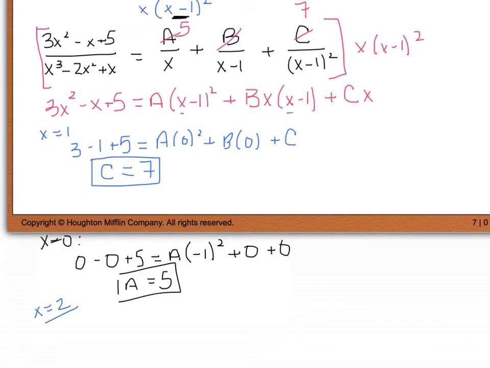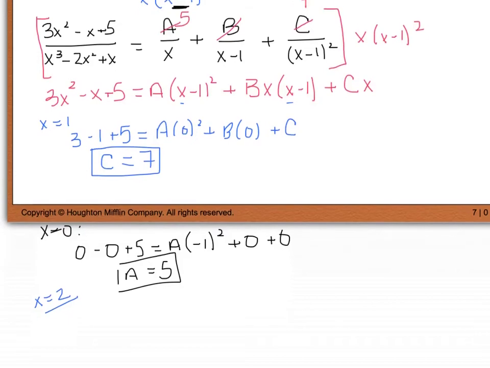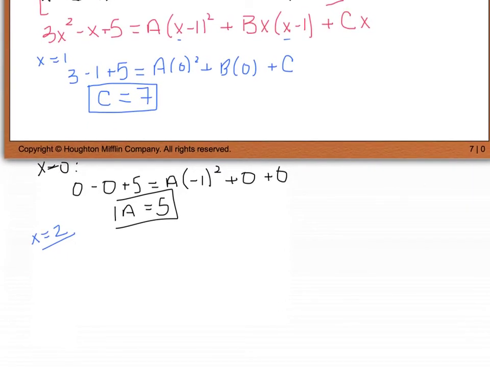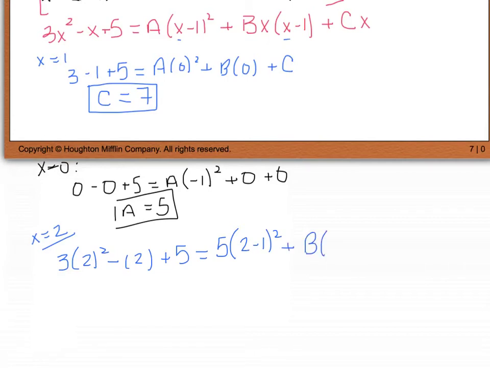So now if I plug a 2 in for that equation, I end up with 3 times 2 squared minus 2 plus 5 equals my A value, which we said was 5, times 2 minus 1 squared plus, I still don't know what B is, x is 2, and I'm going to end up with 2 minus 1 in the parentheses.